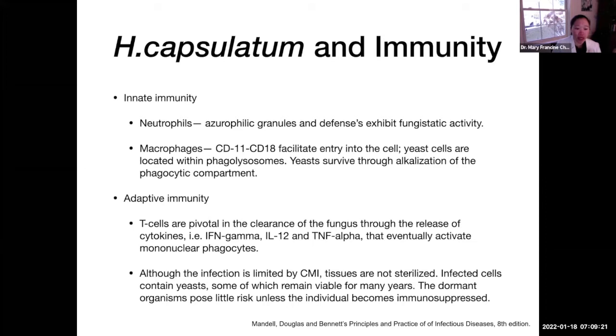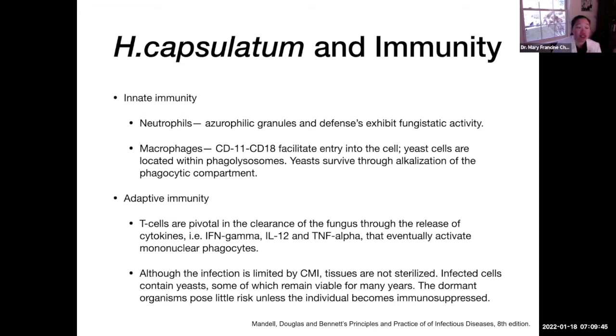And then for your adaptive immunity, really T cells are very pivotal in the clearance of the fungus through the release of cytokines, interferon gamma, interleukin 12, and your tumor necrosis factor alpha that eventually activate your mononuclear cells. Although the infection is limited by your cell-mediated immunity, tissues really are not sterilized.